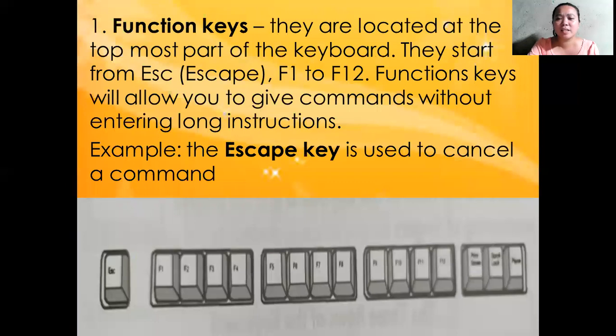Okay? So what are function keys? They are located at the topmost part of the keyboard. They start from ESC, and the meaning of ESC is escape, and then F1, F2 up to F12. Function keys will allow you to give commands without entering long instructions.